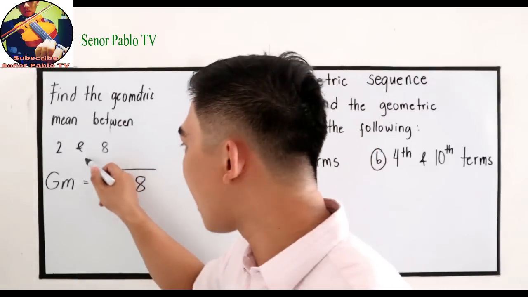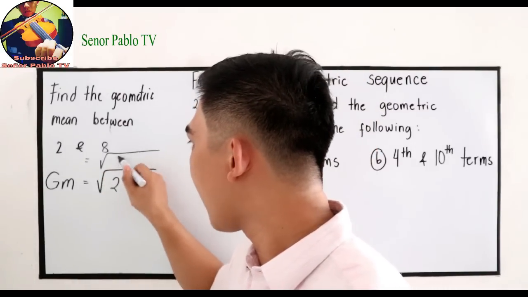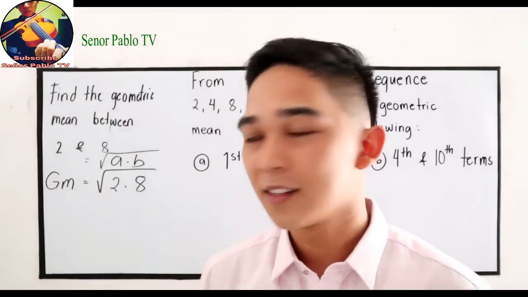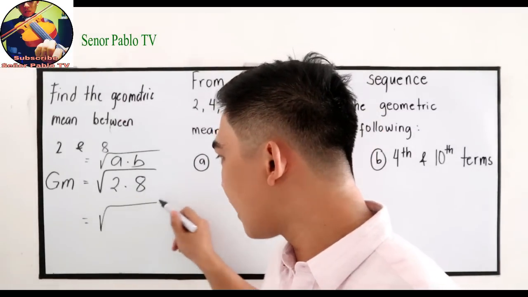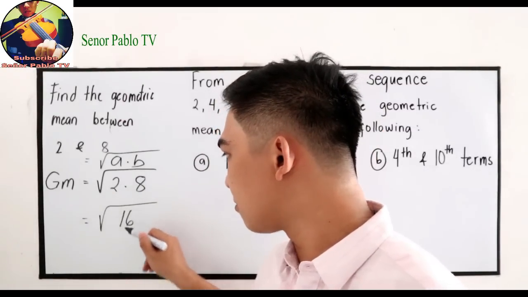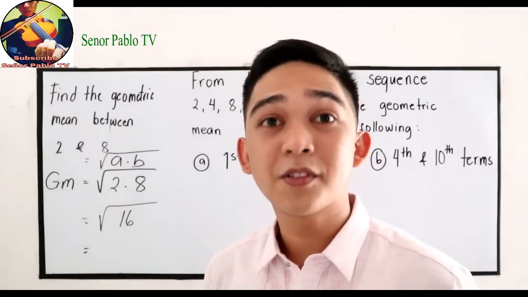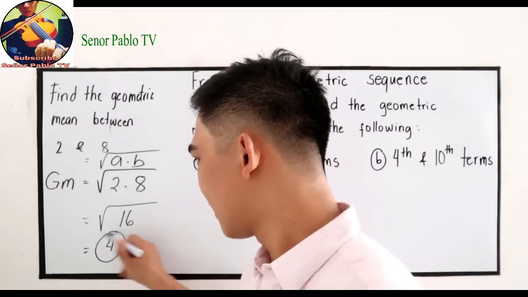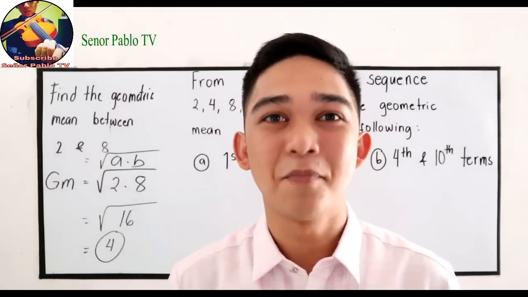Or sulat natin siya, square root of A times B. That would be our formula. Multiply natin, 2 times 8, that is 16. Square root of 16, that is 4. So, ganun lang yung geometric mean.